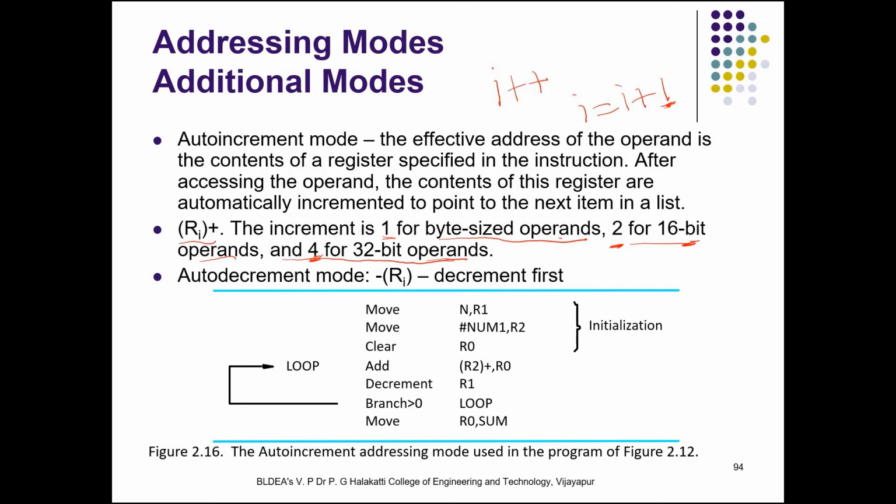Now the same previous program is rewritten here, wherein I am going to use the auto increment method of addressing. So here you can see I am assigning count, I am assigning a pointer to an array called num1.